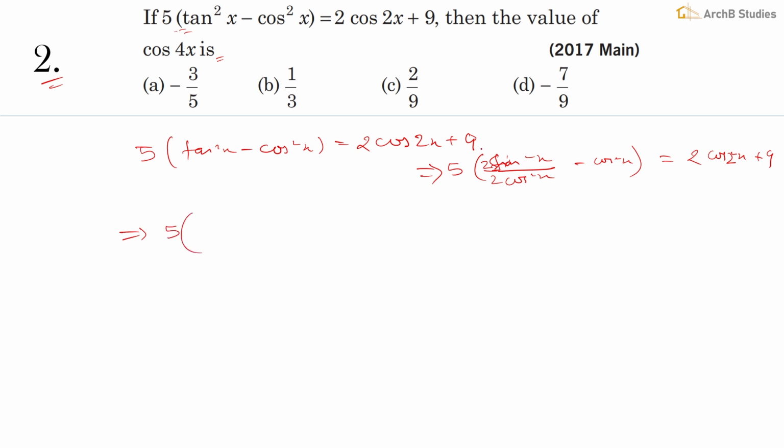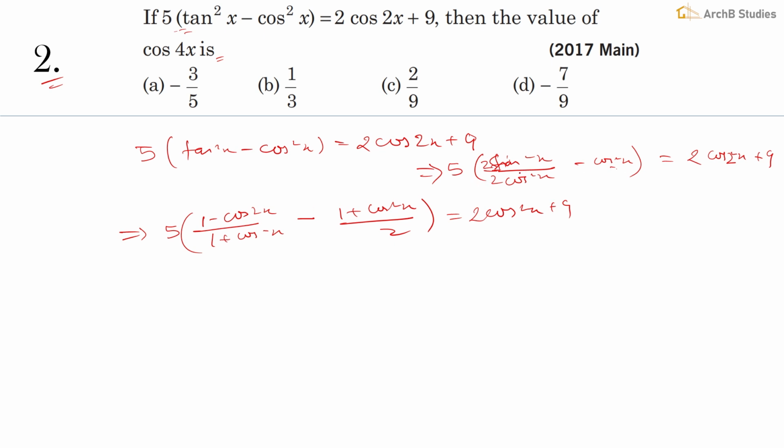Now 2 sin square x in the form of cos x we can write as 1 minus cos 2x, upon 2 cos square x in the form of cos we can write as 1 plus cos 2x, minus cos square x equal to 1 plus cos 2x upon 2 equal to 2 cos 2x plus 9. Now many of you might not be understanding this.